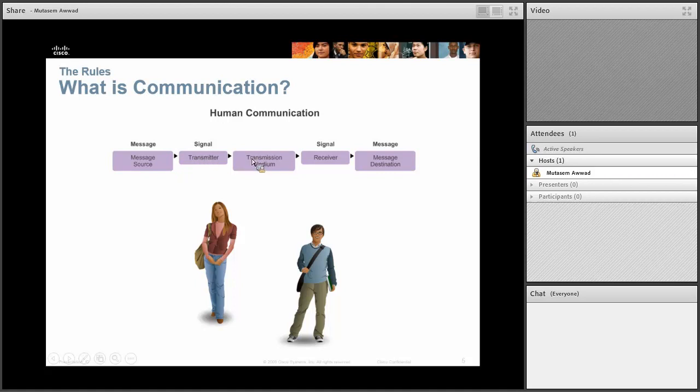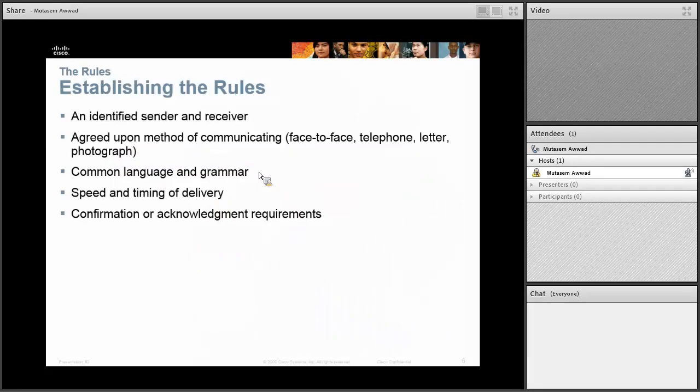That's your transmission media. And on the other side, the signal will be received and decoded by the receiver, interpreted, processed, and they communicate back and forth. They can use the same medium. Same idea with data communications.